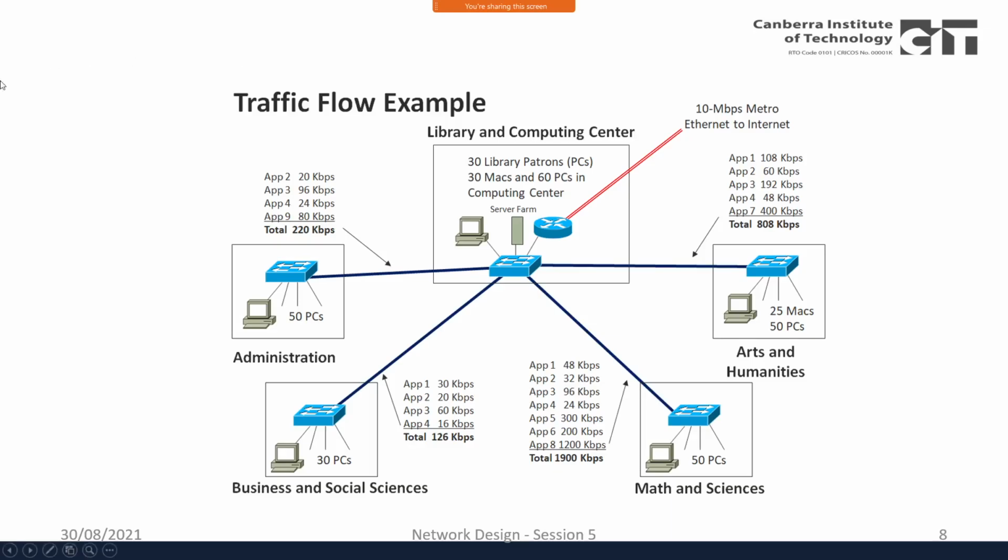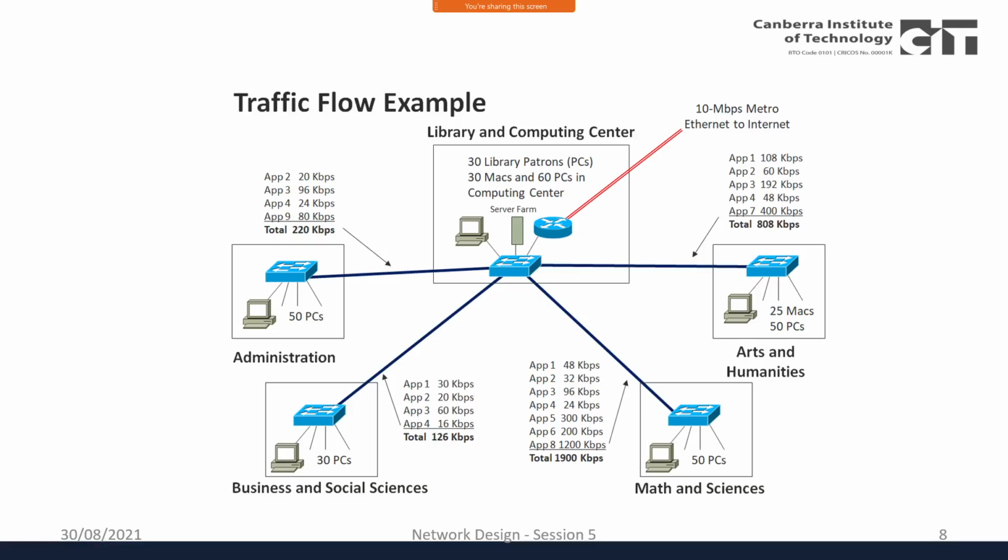Now, here we also have a connection to the internet, which is represented by this Metro Ethernet to internet connection. It's 10 megabits per second. Now, if you thought that reserving the fiber optic link to connect everybody to the internet would also be a good idea, I'm going to tell you why this is not that good an idea.